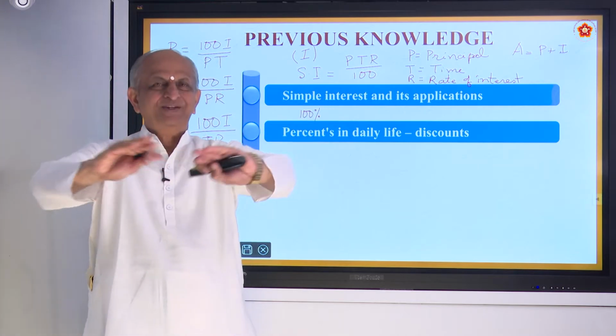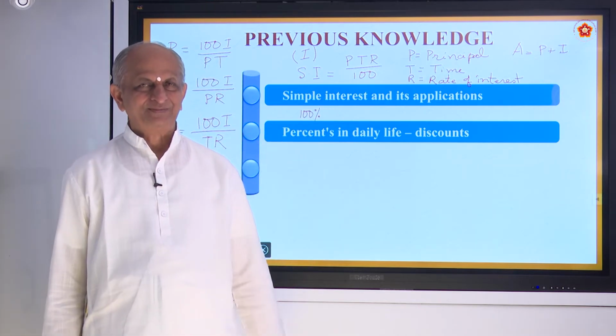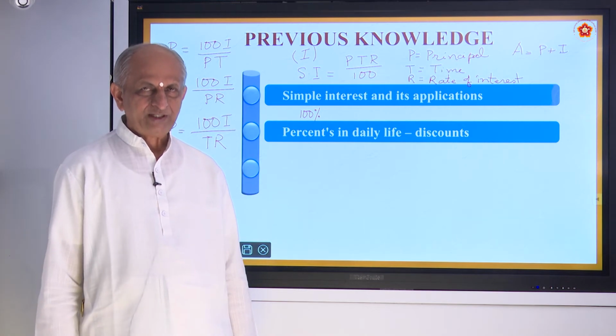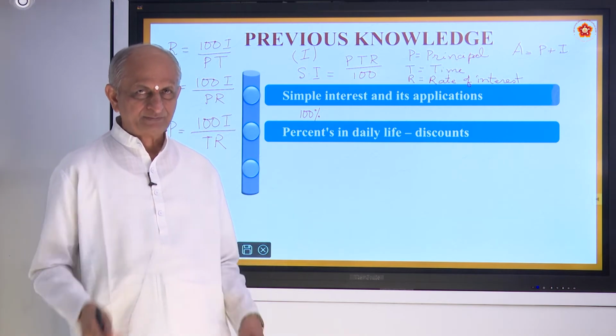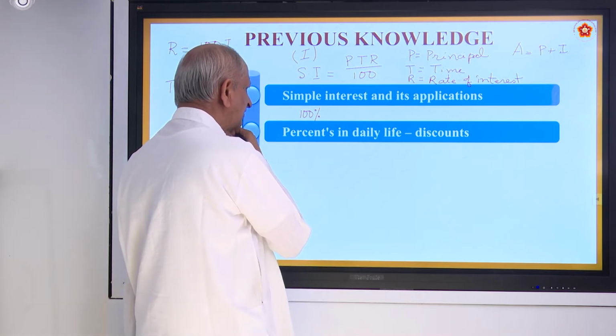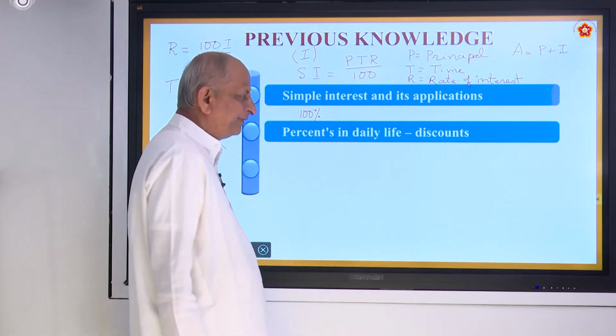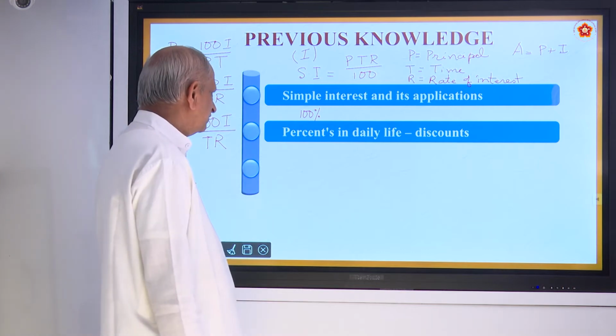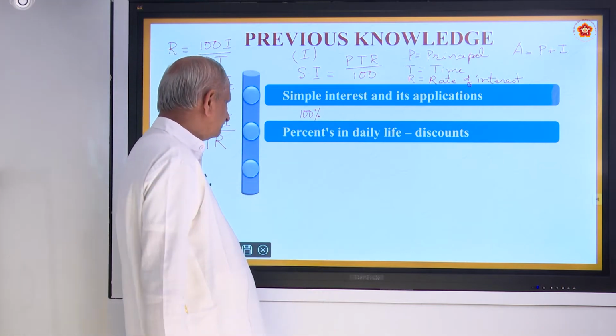That stock is to be distributed as early as possible. So they give discount. And another thing is to attract people, because at festival time there will be a lot of purchase. People go for purchase. So these are all things you already studied.